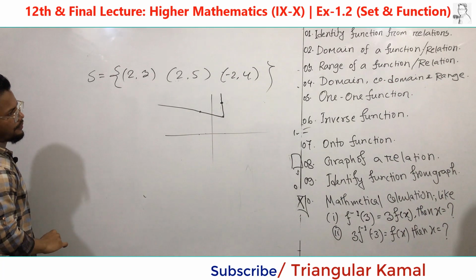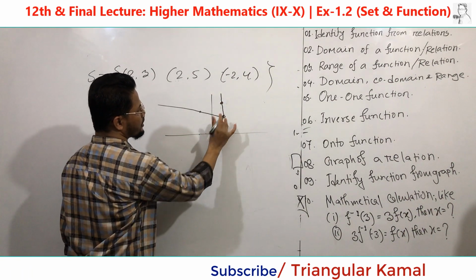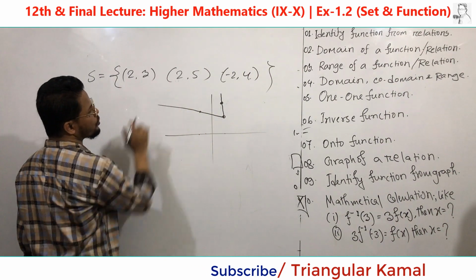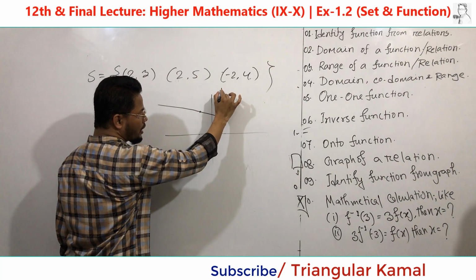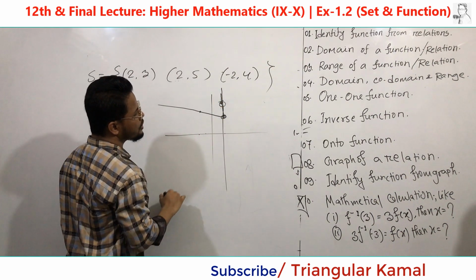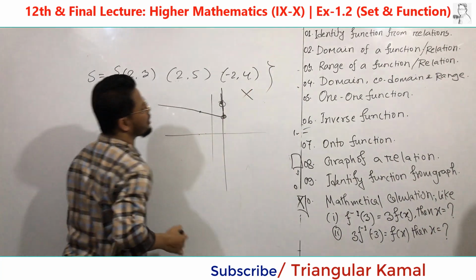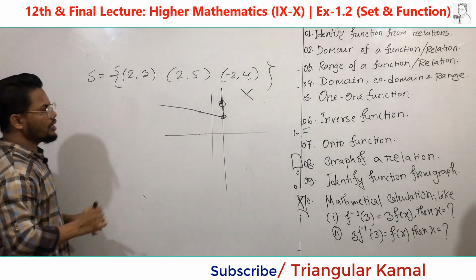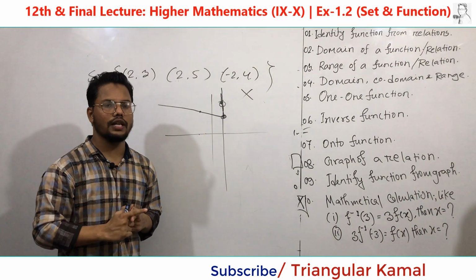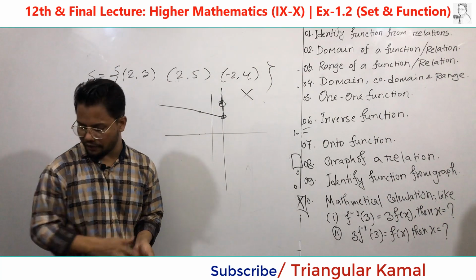What we see is that both of these points have the same value of x, the abscissa, which is 2. If we draw a line parallel to the y-axis, how many intersecting points do we get? 2, which is more than 1. So this relation will not be a function. The short technique: just draw a line parallel to the y-axis, and if you get more than 1 intersecting point, then the relation is not a function.